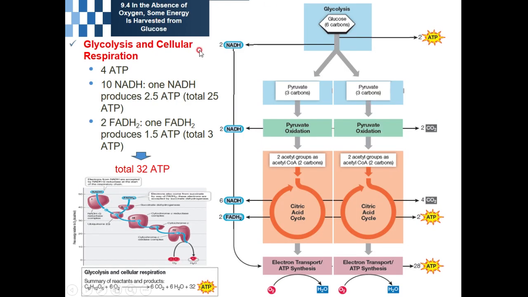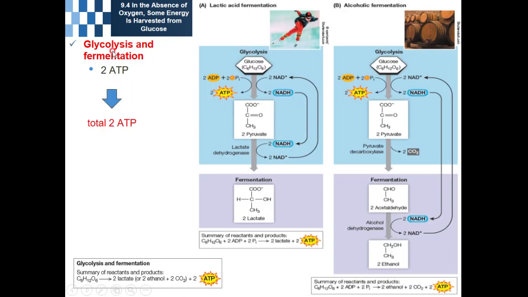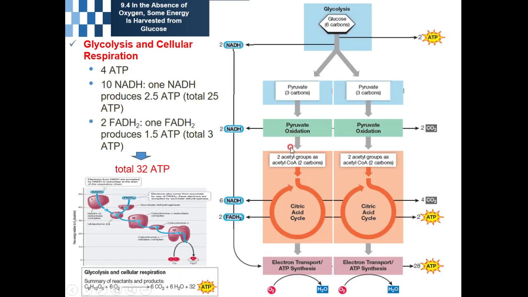Okay? So let me summarize glycolysis and cellular respiration. And in the next slide, I will summarize glycolysis and fermentation. So this is the summary. During glycolysis and cellular respiration, 2 ATP, total 4 ATP is synthesized, and also 10 NADH and 2 FADH2 are synthesized.